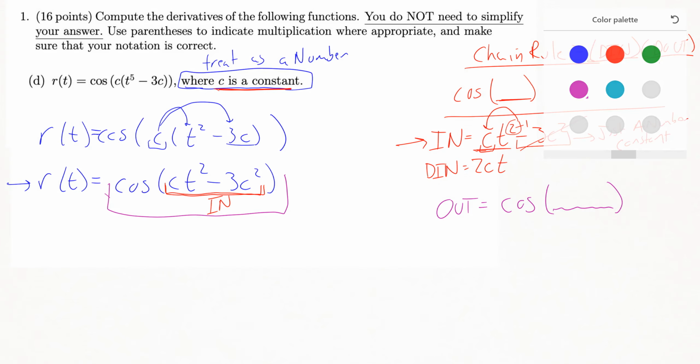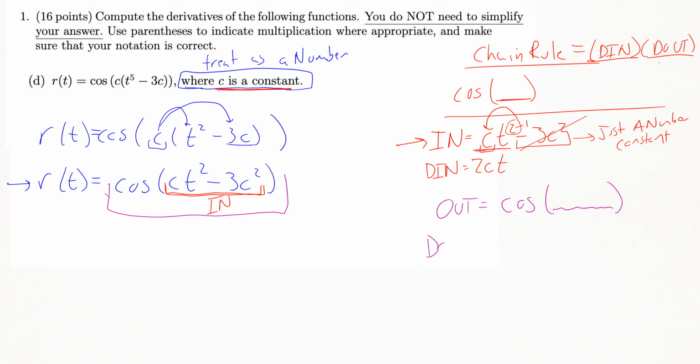The d out, the derivative of the outside, is really just a special case derivative for cosine. You just have to have it memorized. If f of x equals the cosine of x, then the derivative of cosine of x is going to equal negative sine x.